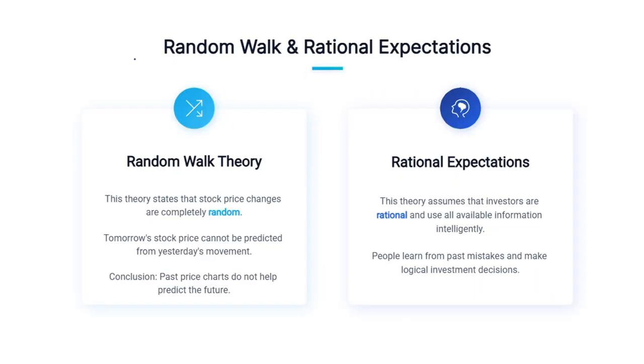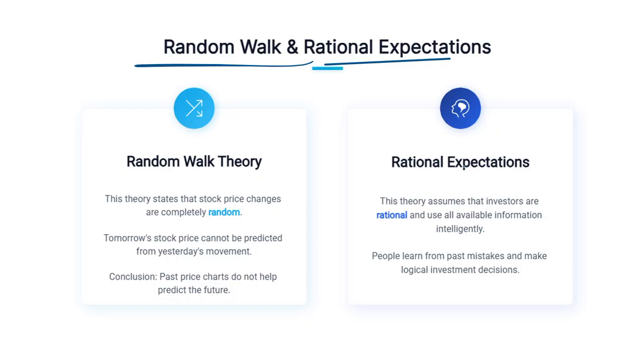Next are the random walk and the rational expectation. The random walk theory says that stock price changes are completely random, so we cannot predict the future price according to past movement.